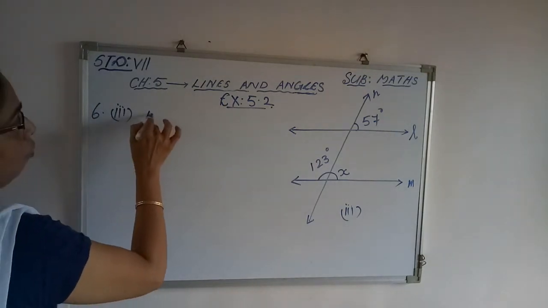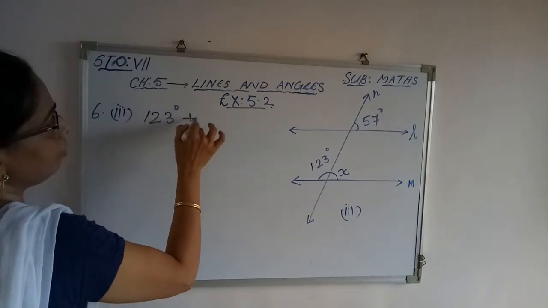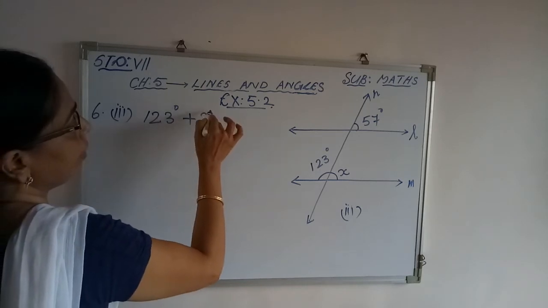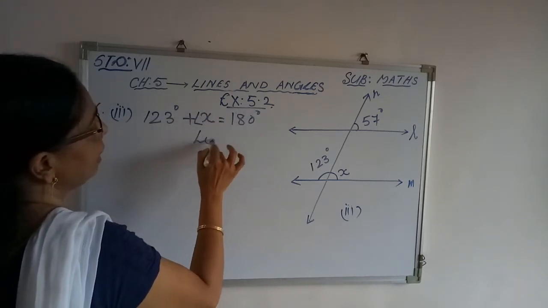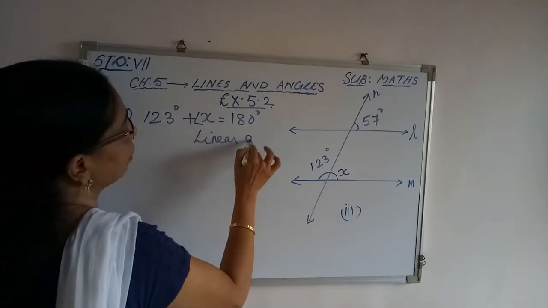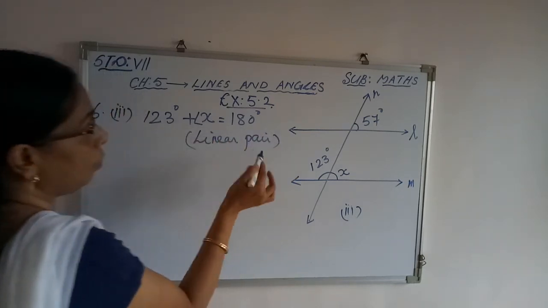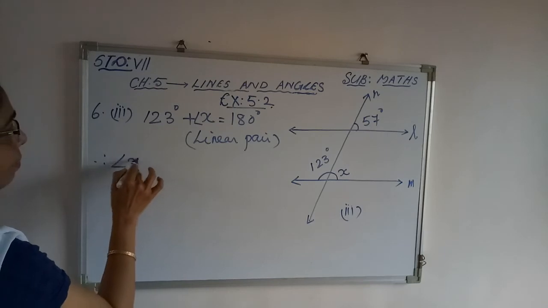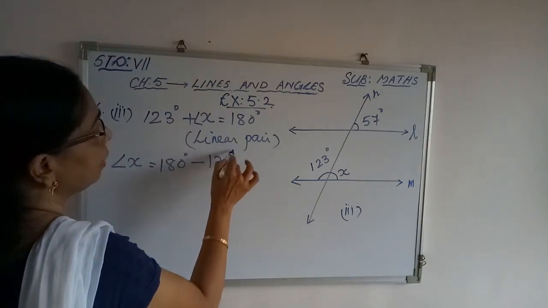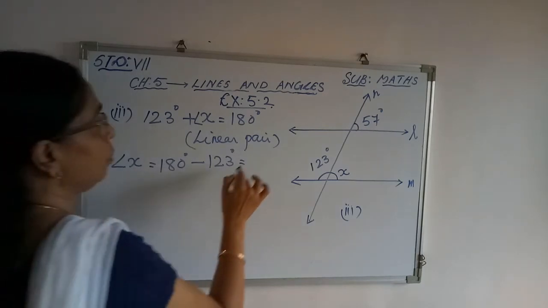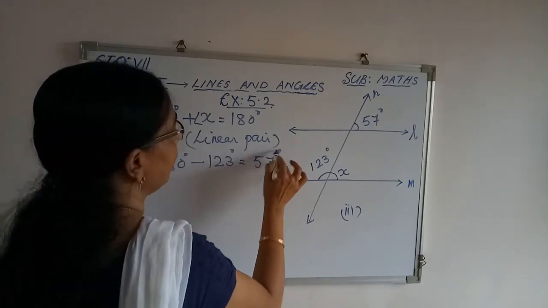See, we can write 123 degree plus angle X is equal to 180 degree, the reason linear pair. So from this we can find out angle X is equal to 180 degree minus 123 degree, that's equal to 57 degree.